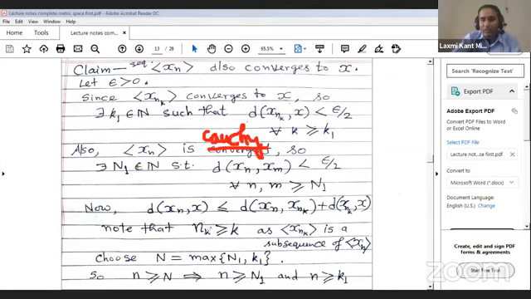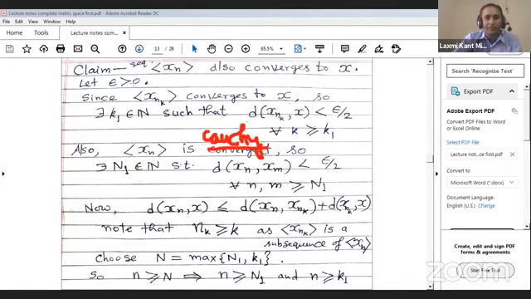And note that since x_nk is a subsequence of xn, the suffix nk is always greater than or equal to k. One can easily observe it. Now choose capital N equal to the maximum of N1 and k1. So for n greater than or equal to N, n is greater than or equal to N1 and n is greater than or equal to k1.